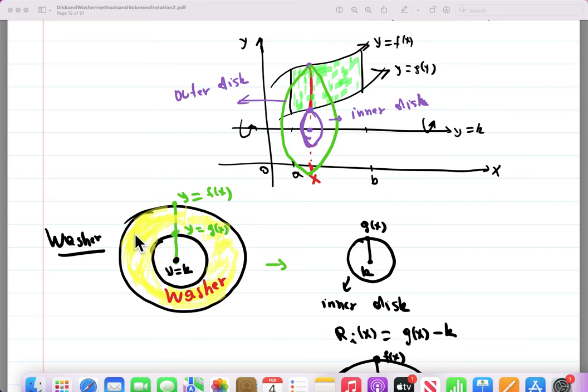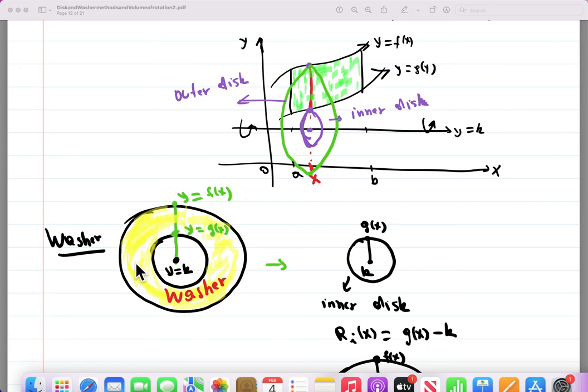So when you look at this washer, what we're going to do is find the area of the washer, so the area of the space between the inner circle and the outer circle. This inner circle has a radius that we call the inner radius, and the outer circle also has its radius, this big radius here, which we call the outer radius.